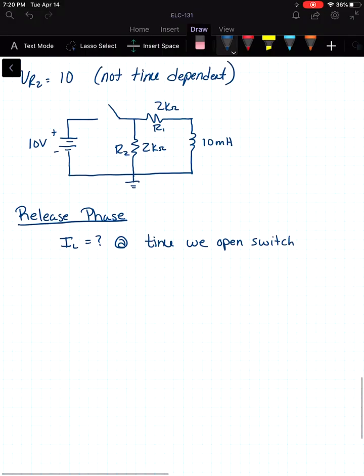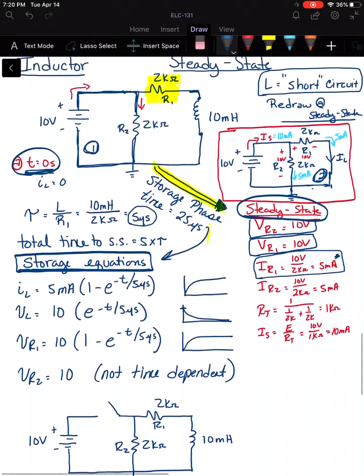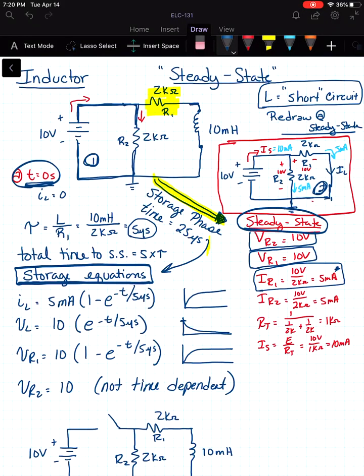Okay, so let's head back up for just a minute here. So if we got all the way to steady state here, then we know that the current through the inductor is 5 milliamps. If we opened the switch before we got to the 5 milliamps, we would start from there. Say we only got up to 3 milliamps, we would start from 3 milliamps and go back down.